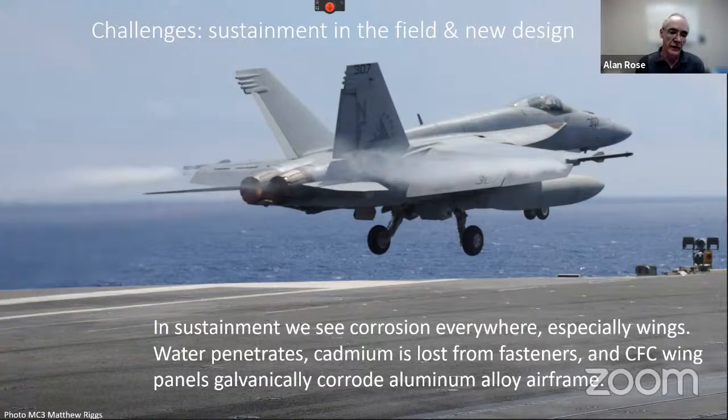So once it's out there in the field in sustainment, you see corrosion everywhere because the wings will move and flex and you'll get water penetration and all those protection schemes. In the old days, we used cadmium as a sacrificial coating. It does eventually get consumed, and then there's an impact on other adjacent components. And with computational modeling, we can look at these what-if scenarios.